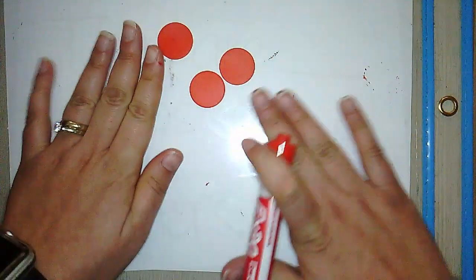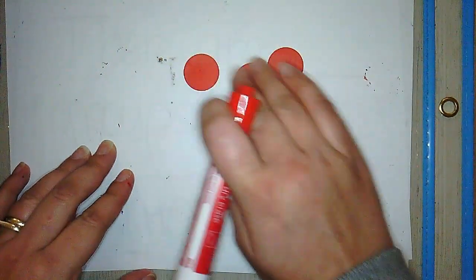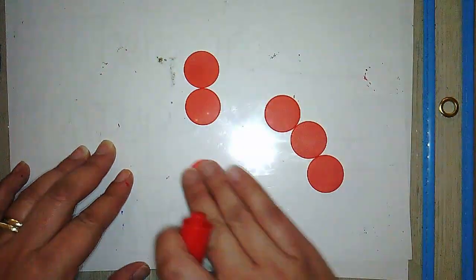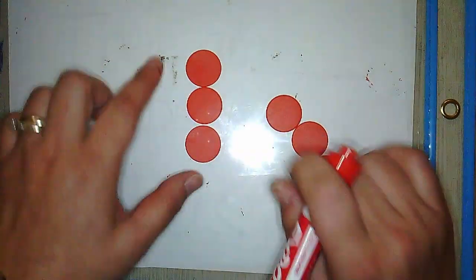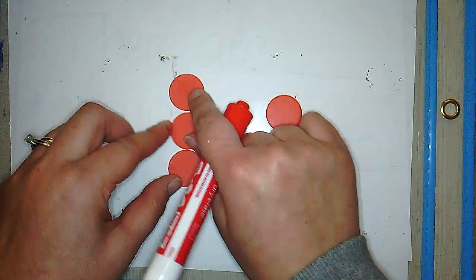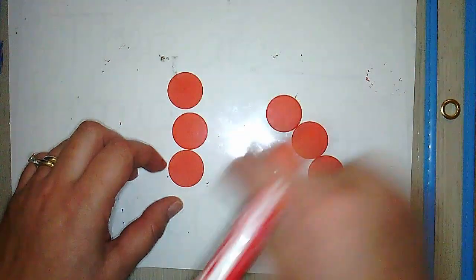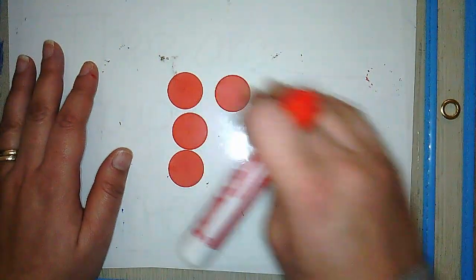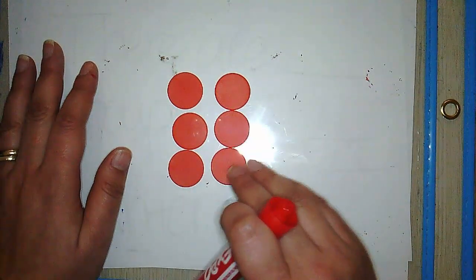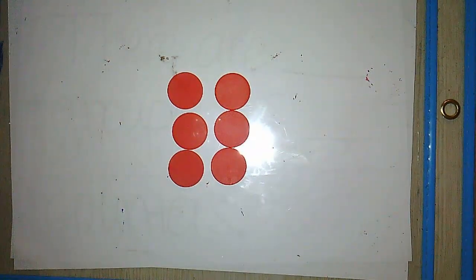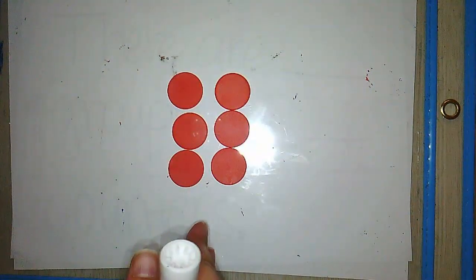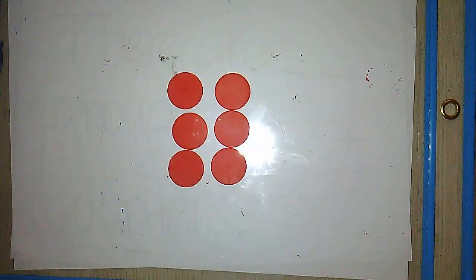So let's see, how would I do it? If I want to arrange them into columns of 3, this is 1 column, 1, 2, 3. This is a column, 1, 2, 3. This is another column. So I will have 3 on one side, 3 on the other side.